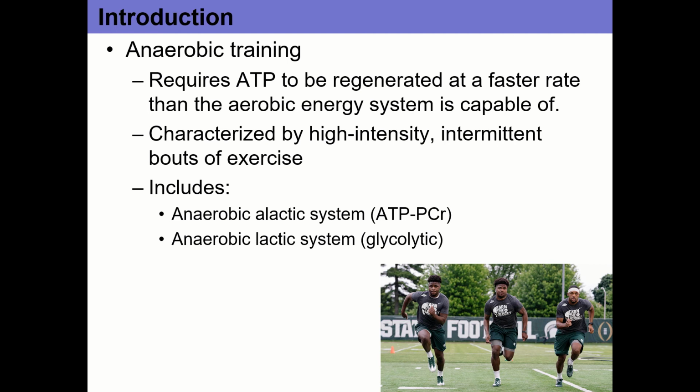So anaerobic training is relatively high intensity training, so again, sprinting, lifting heavy things, where we can't possibly supply oxygen at that rate. That includes, as you can see there, the anaerobic alactic system, so ATP and PCr, and then, as mentioned, the anaerobic lactic system. I'm trying to use their terminology here, and that's the glycolytic system.